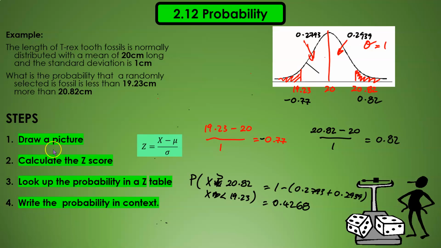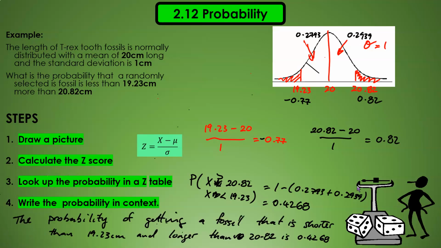The last thing to do is write that answer in context. The probability of getting a fossil that is shorter than 19.23 centimeters and longer than 20.82 centimeters is 0.4268. So that's it. Hopefully that's the answer you got.